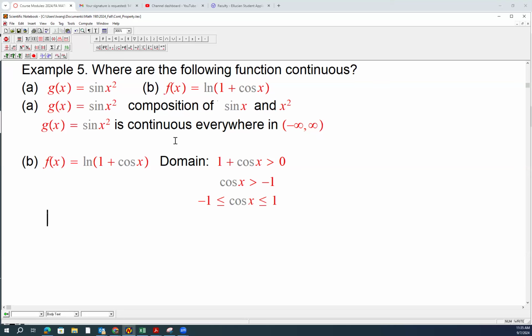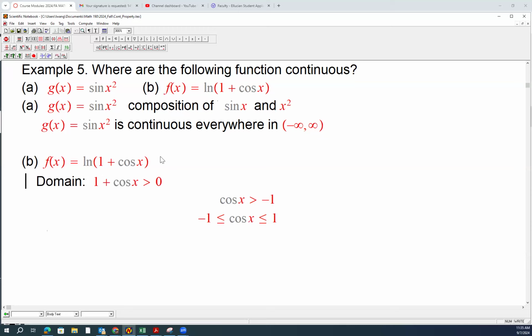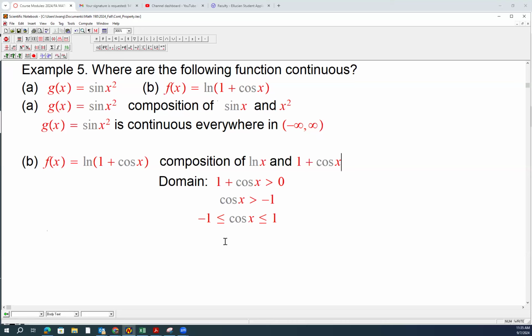So let me put this one over here. The numbers that need to be excluded are the x such that cosine x equals -1. What are those numbers? Those numbers will cause issues of continuity.